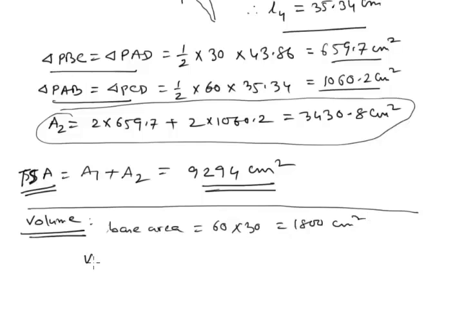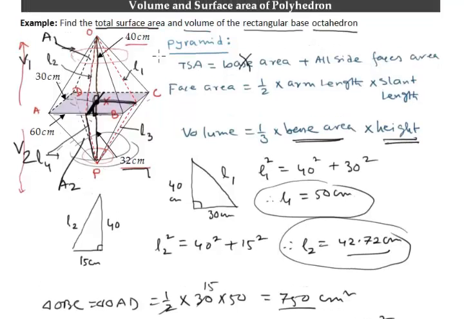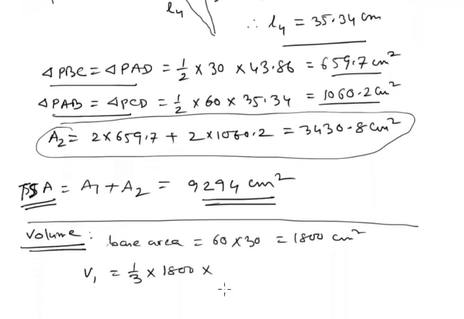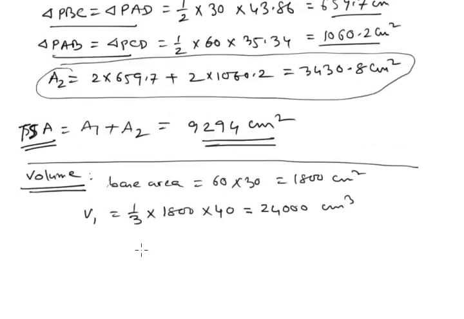So the volume of the top pyramid is 1/3 times this base area, 1800, times the height, which is 40 centimeter. If we calculate it, we will get 24,000 centimeter cube.